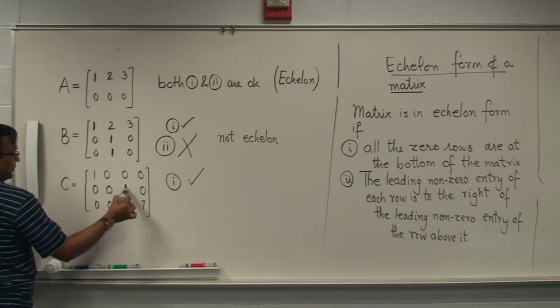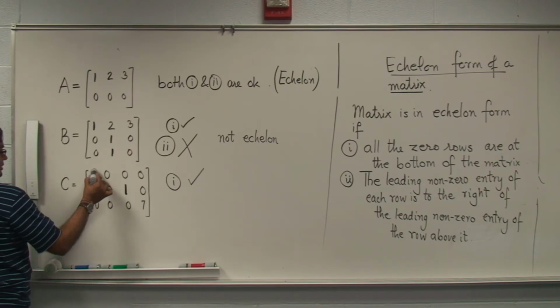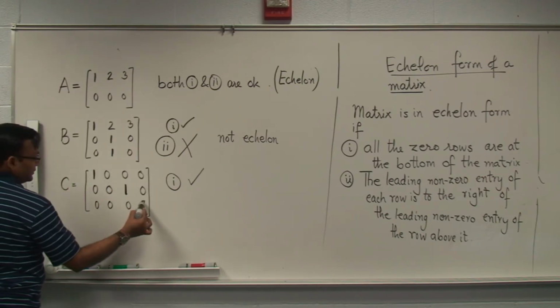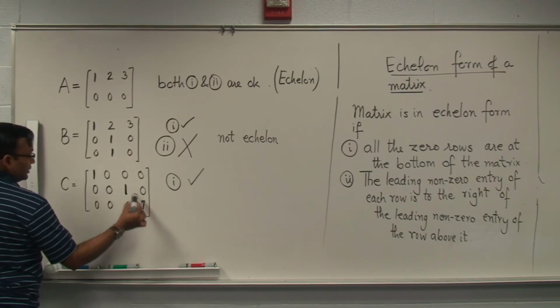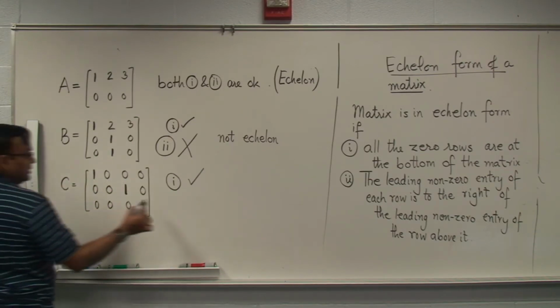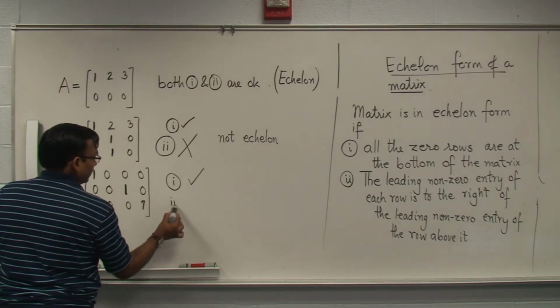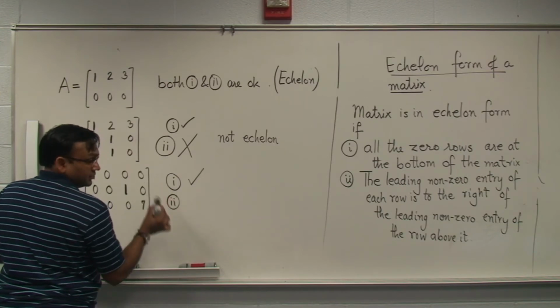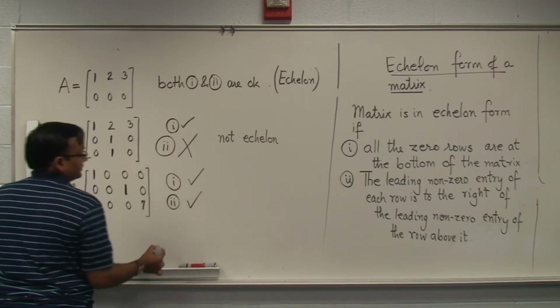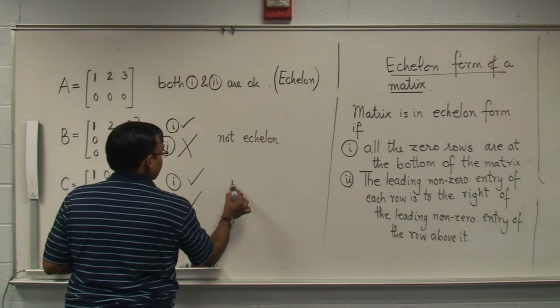So this is a non-zero entry which is to the right of the leading non-zero entry above it. This is a non-zero entry which is to the right of the leading non-zero entry above it. So it also satisfies this second condition. Hence, this is also in echelon form.